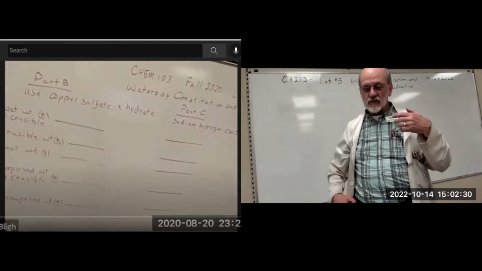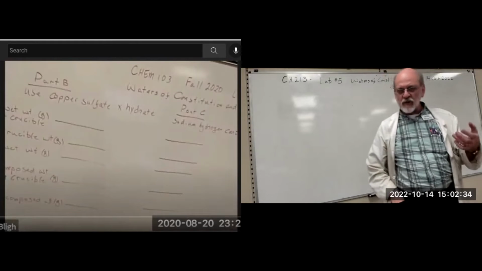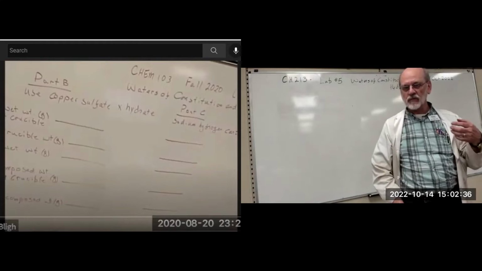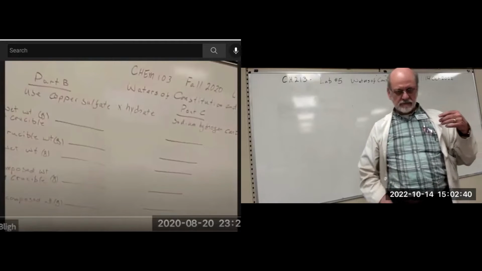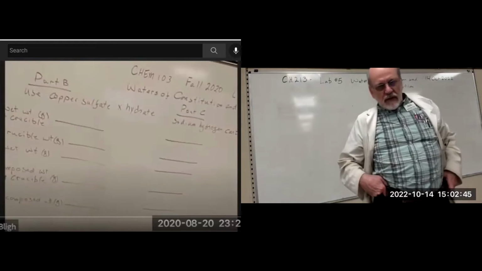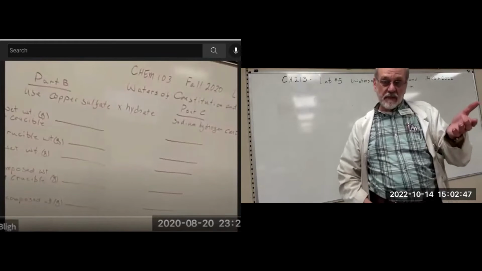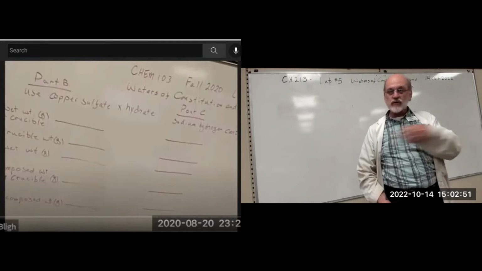And you just need to be sure that when you write the procedure, you write it in the third person passive past tense, like the rubric expects. And put yourself in my place. And actually, the third person passive past tense allows you to not even put yourself in there.